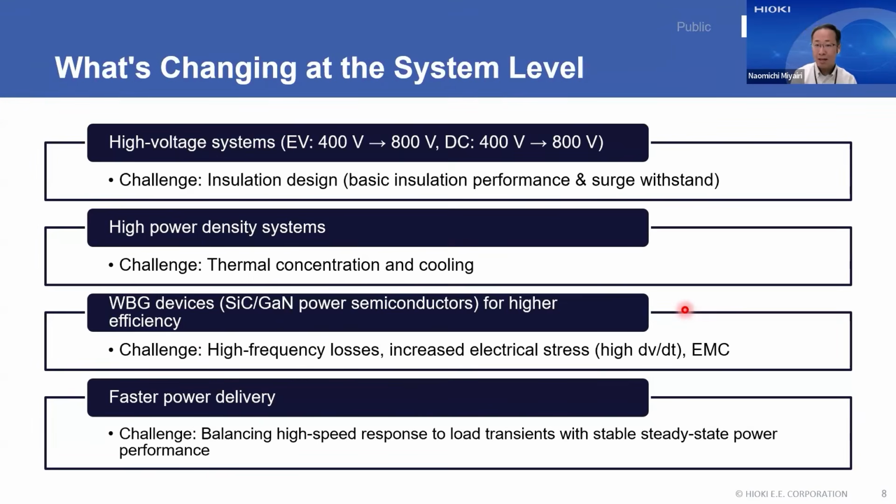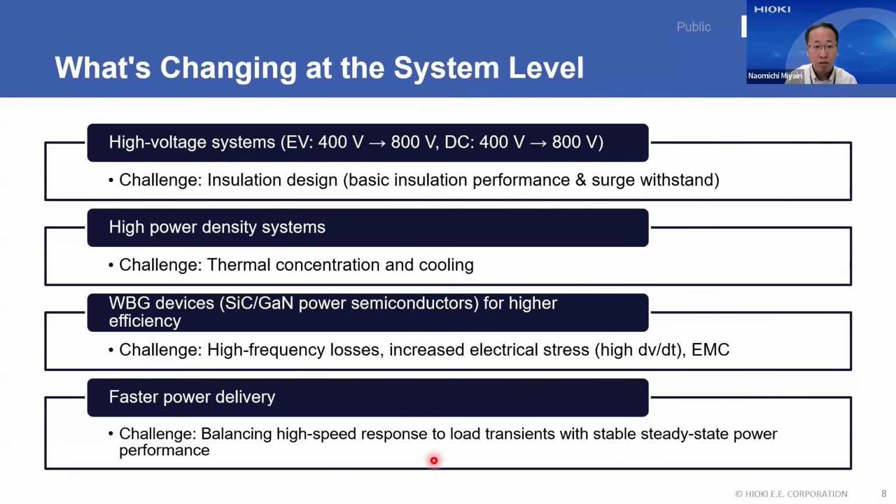But on the flip side, this increases high frequency losses, electrical stress from high dV/dt during switching, and switching noise. And issues that were virtually invisible before, like high frequency loss analysis, premature degradation of essential systems, and electromagnetic interference with surrounding components are now front and center.